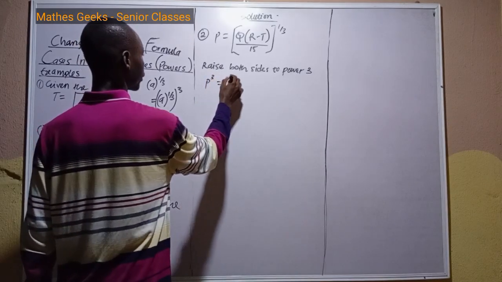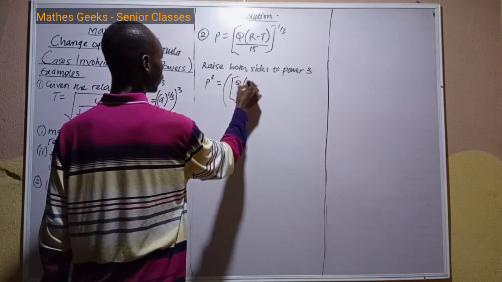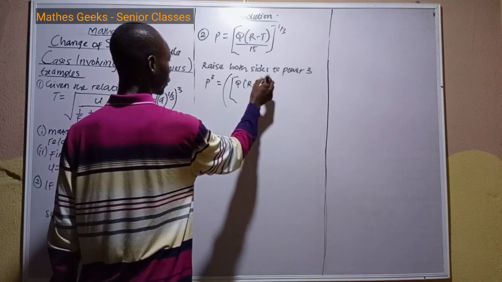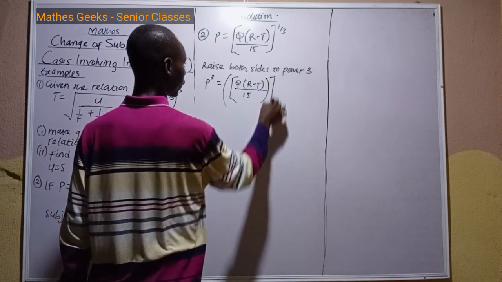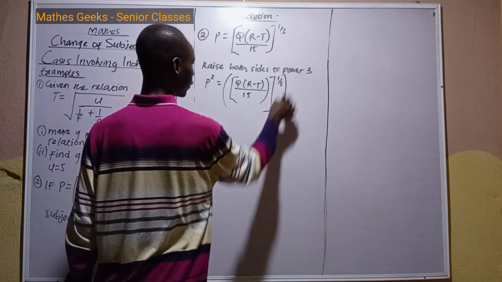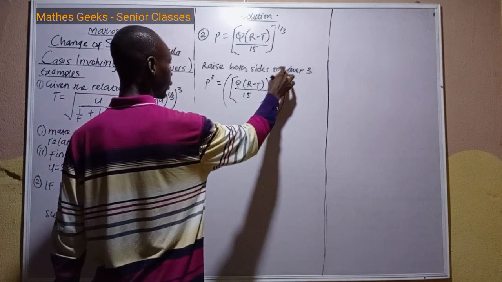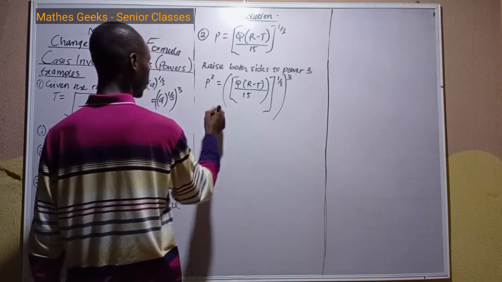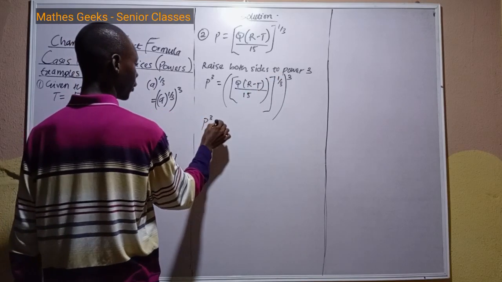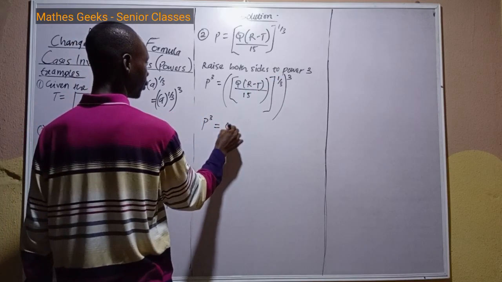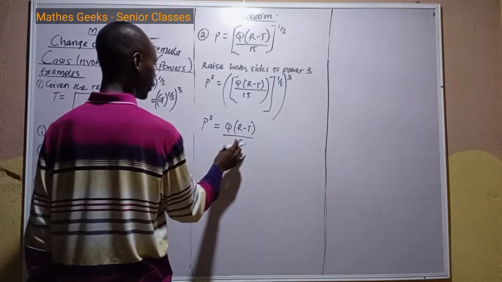So P raised to power 3 is equal to QR minus T over 15, 1 over 3 raised to power 3. So 3 times 1 gives you 3, 3 divided by 3 is 1. So that will eliminate the fractional power. P raised to power 3 is equal to QR minus T over 15.